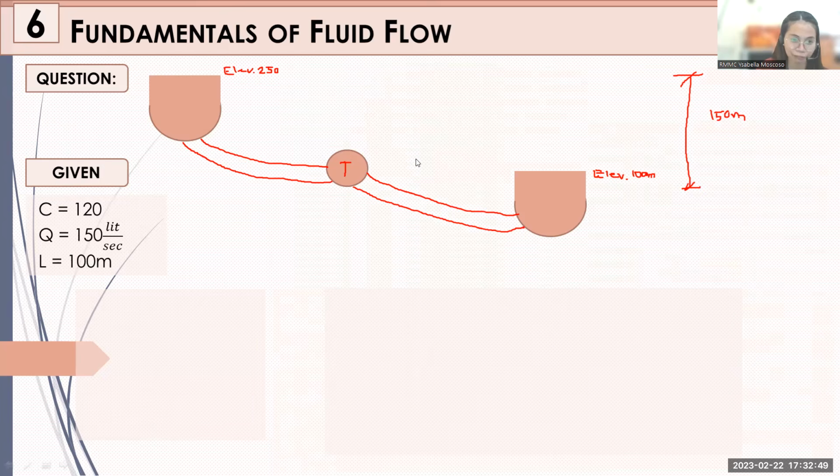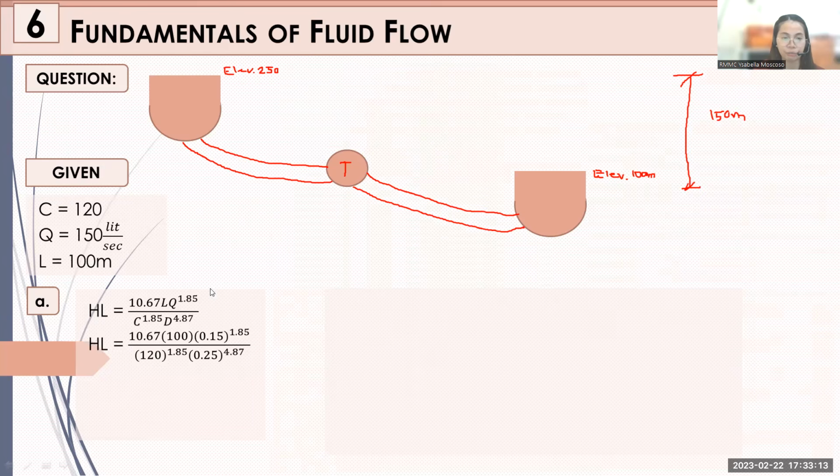Given that you have a Hazen coefficient of 120, a discharge of 150 liters per second, and a length of 150. First, let us try to get the head loss. This is your head loss formula. Since the Hazen coefficient was given, this is the formula.